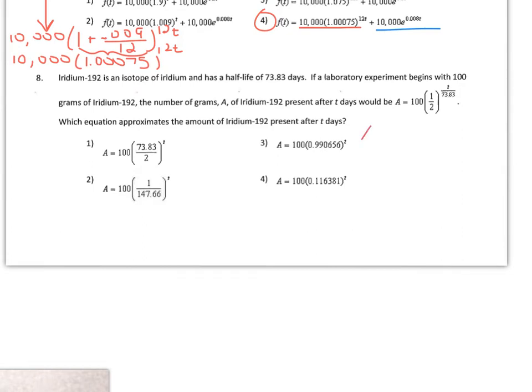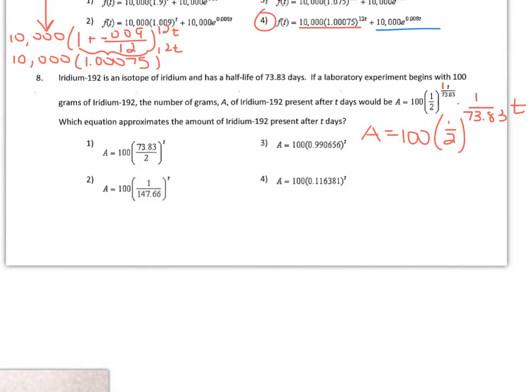So I have a equals, I'm going to take this 100 and bring it down. I'm going to take the 1/2 and bring it down. Now I'm going to rewrite the exponent a little different. There's really a 1 in front of this t. So instead of writing it as t over 73.83, I'm going to take this t out of the fraction and rewrite this as 1 over 73.83 times t.